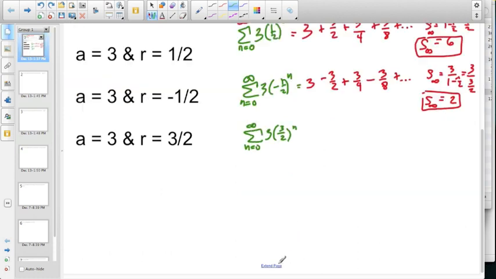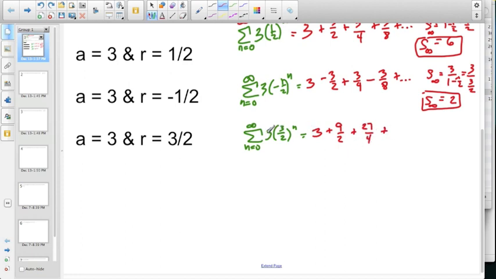And so if we start writing out the sum in this series, we start at 3, and then we add to it 3 times 3/2, which is 9/2, which is 4.5. And then we have 3 times 9/4, which is 27/4, which is something that's slightly larger than 6.